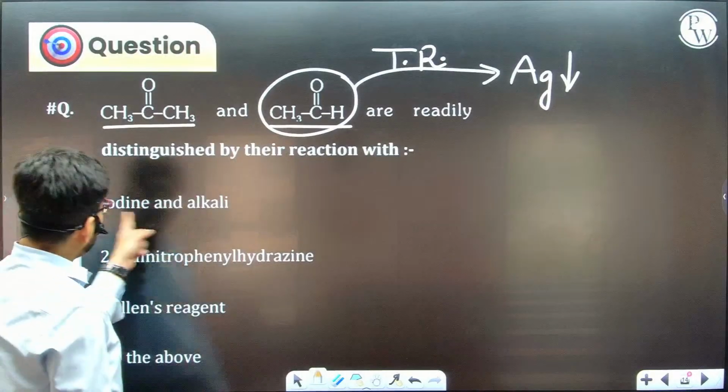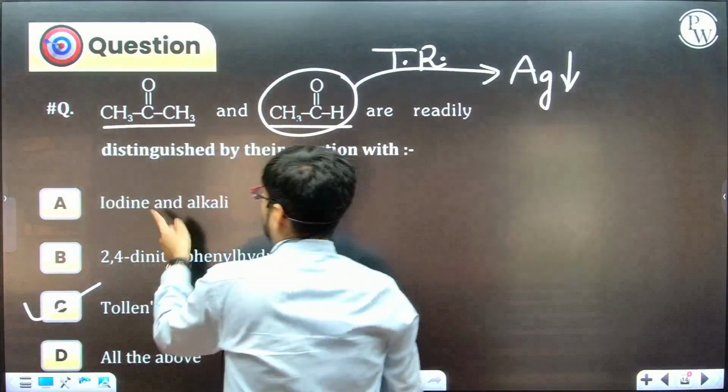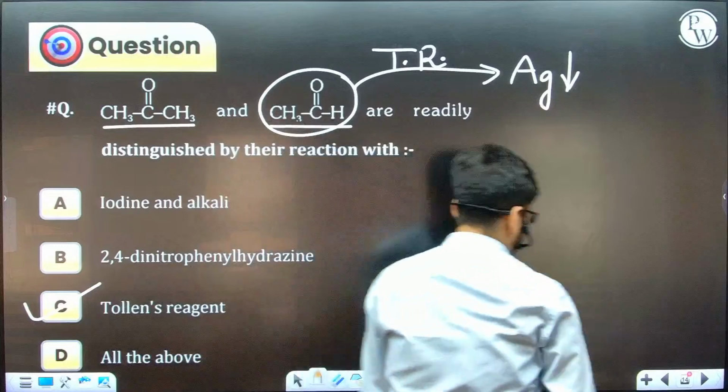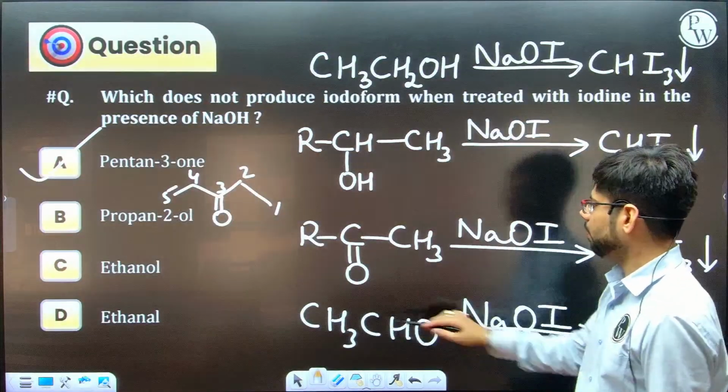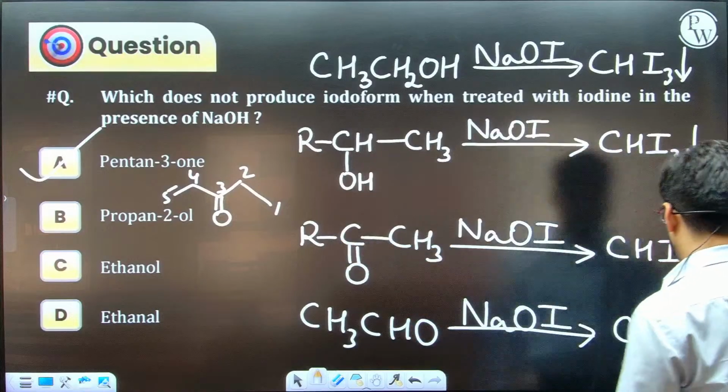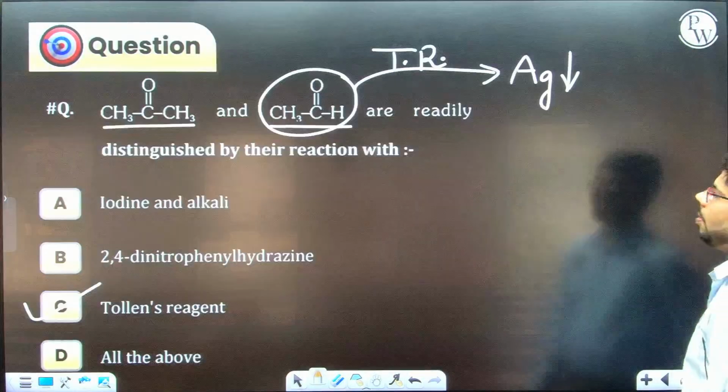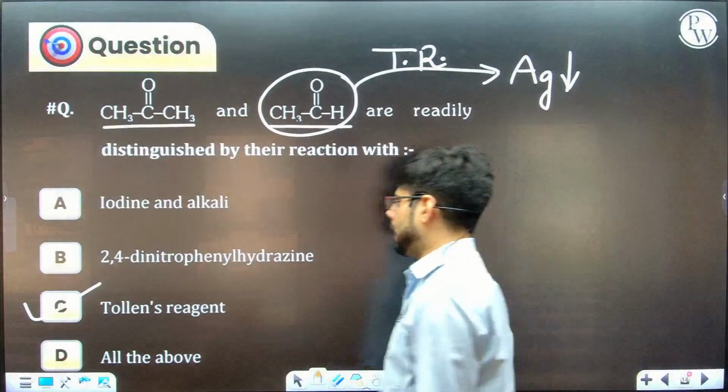Now a few minutes back we discussed the iodoform test. Both of these will produce iodoform, because you can check. This also gives iodoform, and if R is CH3, then also we will get iodoform. 2,4-dinitrophenylhydrazine.